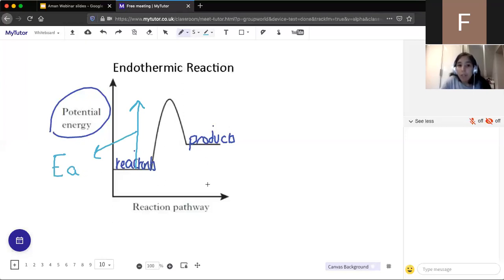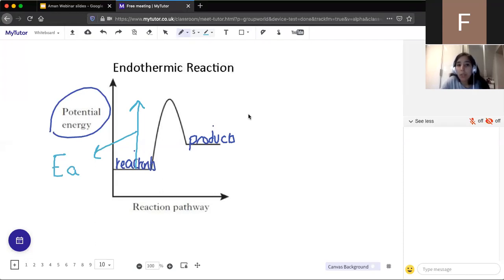Okay, so the final thing then is, what is the overall energy change in this reaction? Where do we label that? Any ideas? Where do we label the overall energy change? So we've got the activation energy, we've got the reactants and the products.